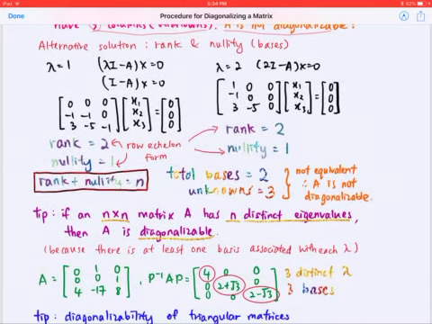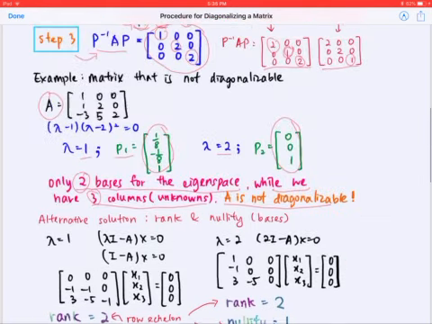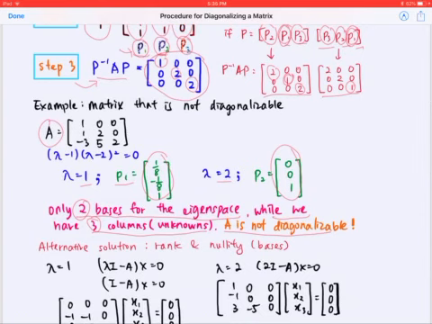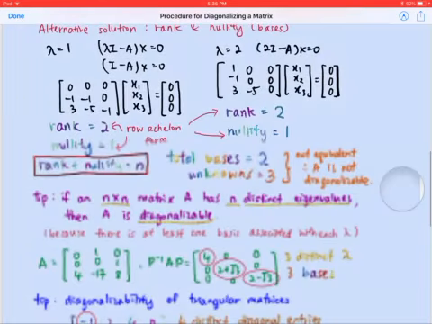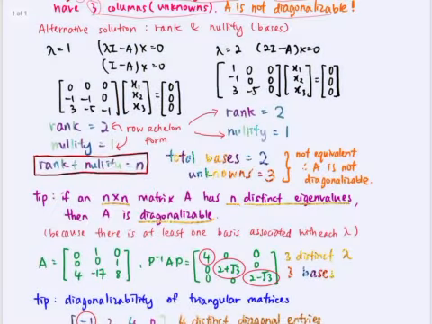Alternatively, if you just want to know whether the matrix is diagonalizable or not, you don't need to solve until you get the bases. You just use this condition, lambda I minus A. The lambda will be 1 here, so just substitute, then reduce it, and you'll find that the rank is 2 and the nullity is 1.